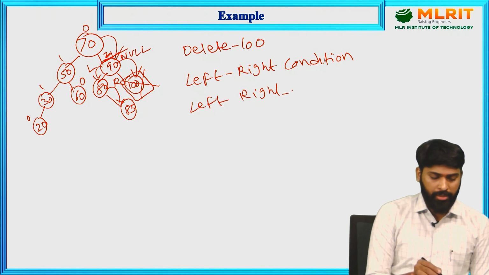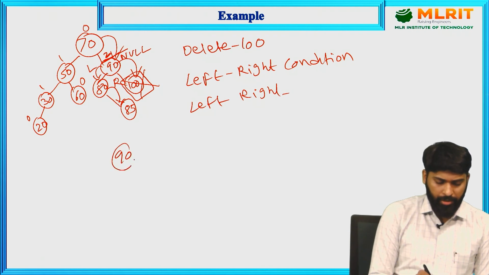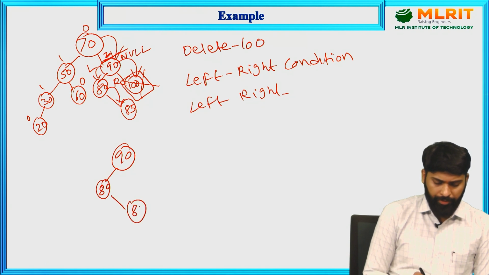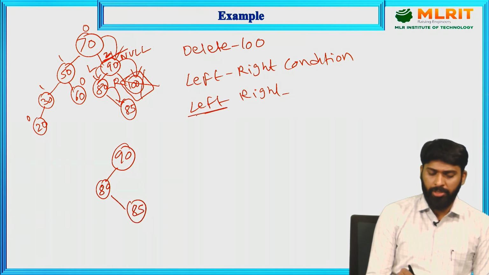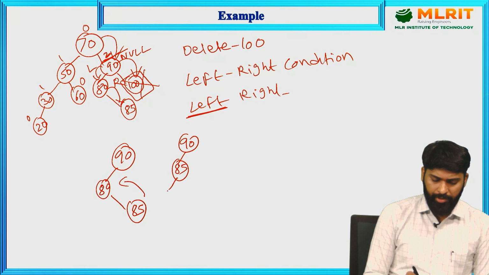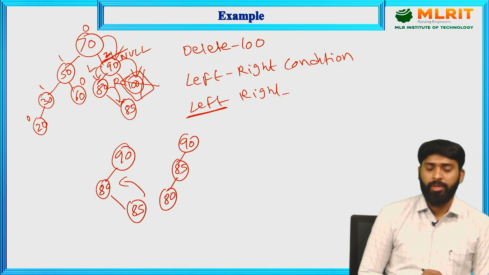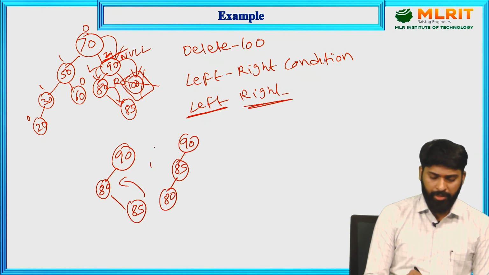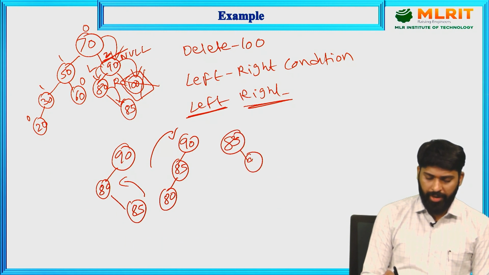Okay, so consider 90, 80, 85. The first rotation is left. Rotate to the left side: 90, 85, 80. Now rotate to the right side. So it becomes 85, 90, 80.